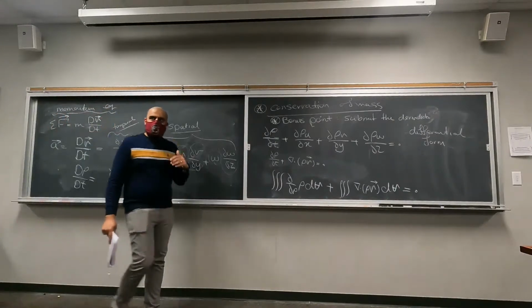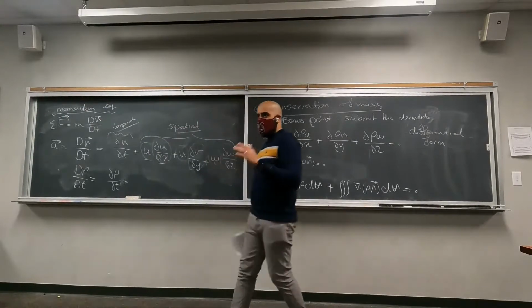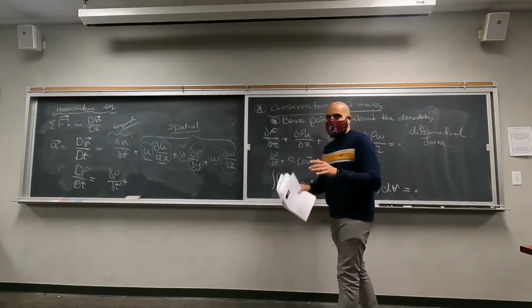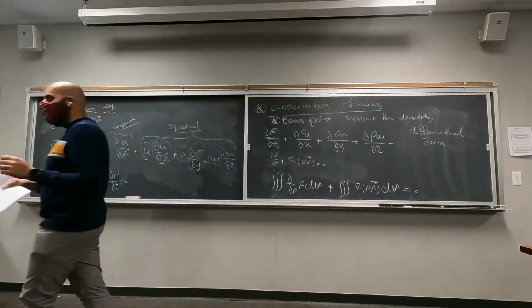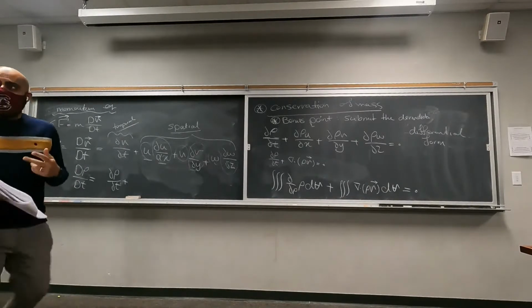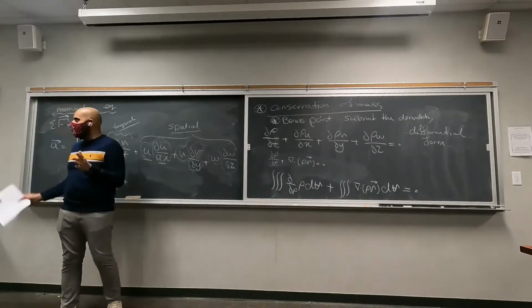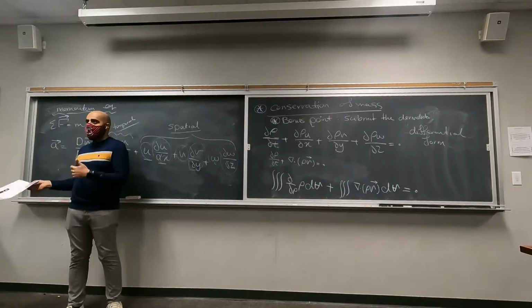Let's go back to the example of me leaving this room to go outside, right? My temperature, the changes in temperature over time, is going to depend on whether I'm running or walking, right? So that's one thing. It is also going to depend on what is the temperature difference between the outside and inside. If we are in the summer, the temperature difference is going to be different than in the winter.